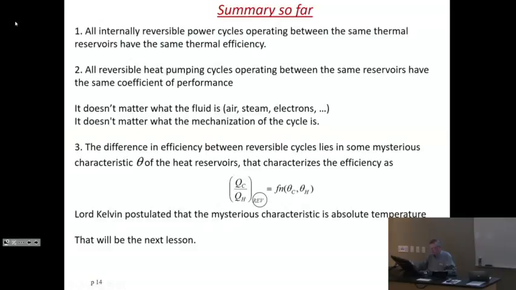So for the internally reversible power cycles, this QC over Q hot cannot be a function of the details of the cycle, only of the mysterious property of the reservoir, theta. Well, this is where we get to the next lesson. It's a postulate. Kelvin postulated that that mysterious characteristic is the temperature in absolute values, the temperature referred to absolute 0. But that will be the next lesson.